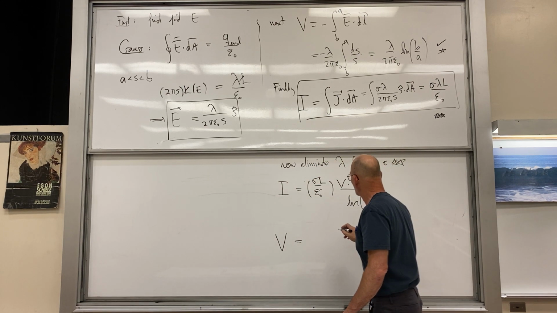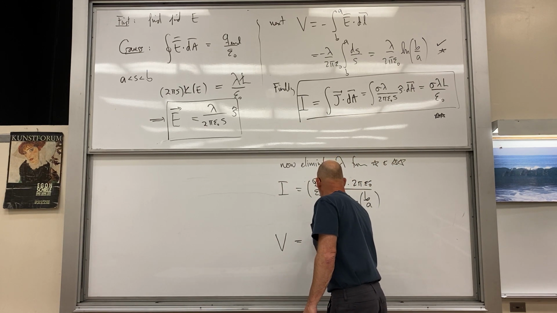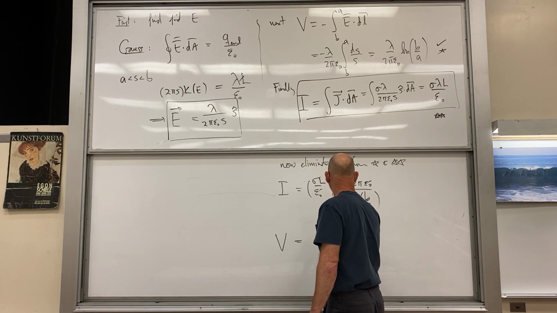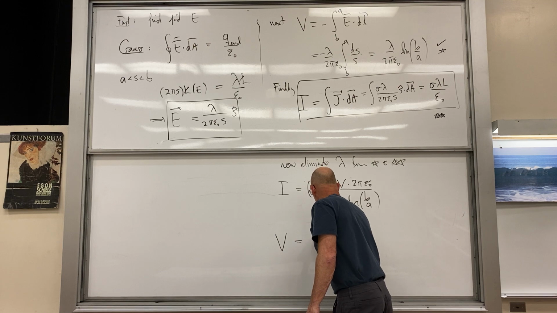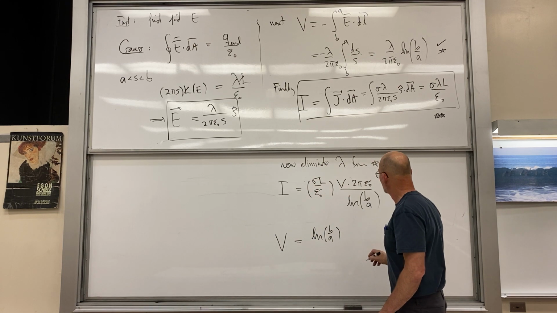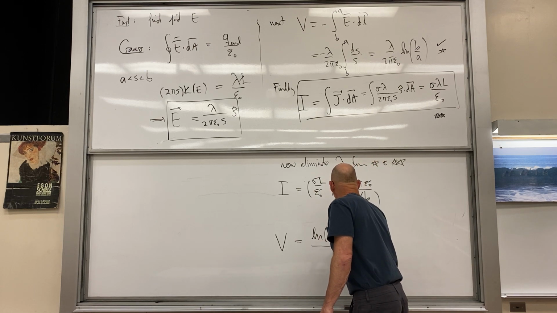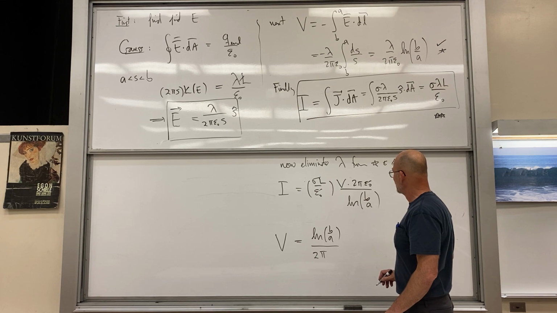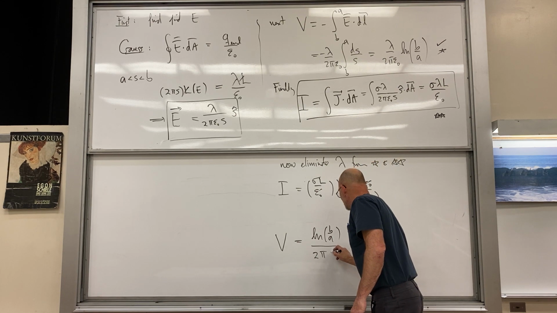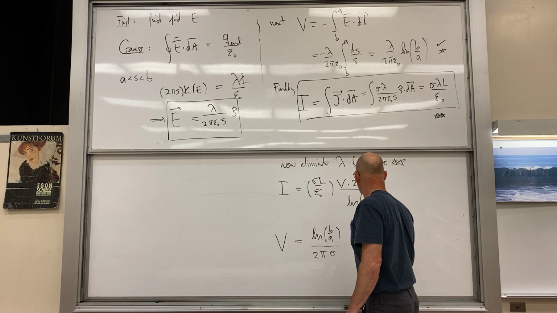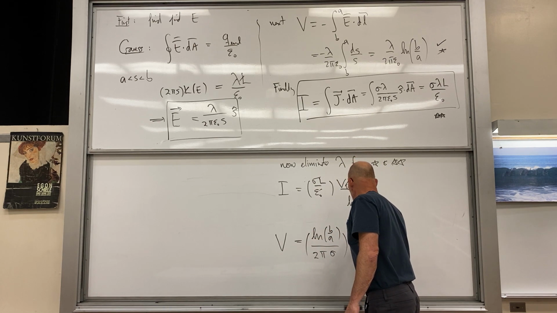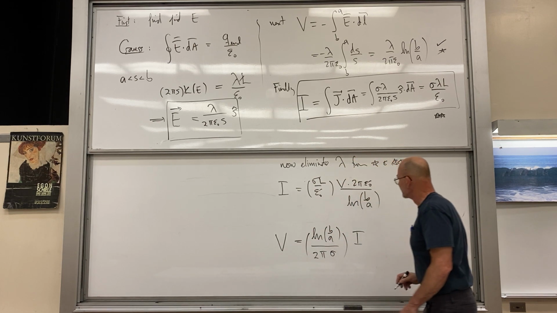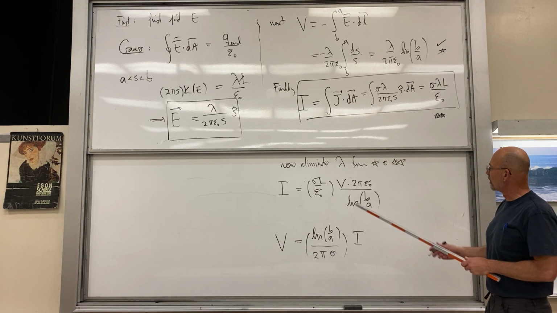So V equals Ri. So we're going to solve for V equals, that's right, V equals the log of B over A over 2 pi sigma L, times I. That'll be the V equals Ri.